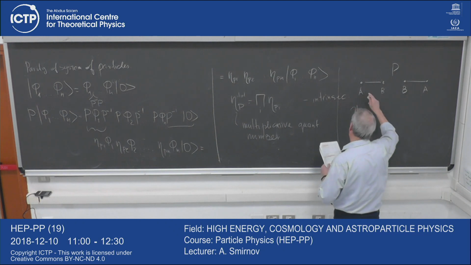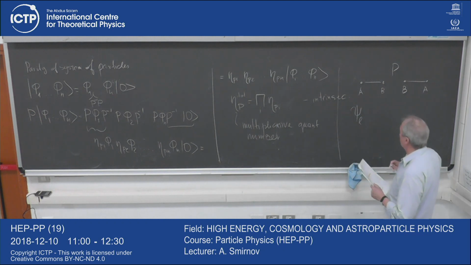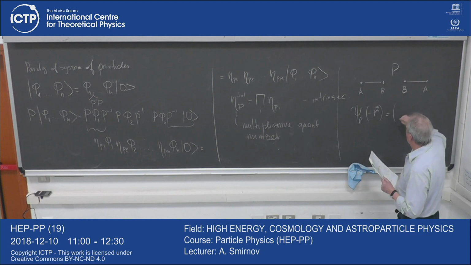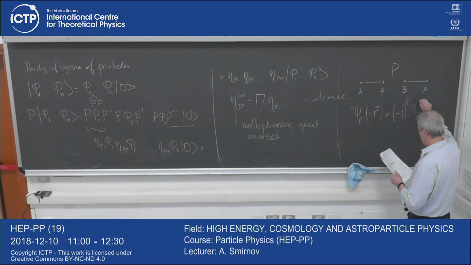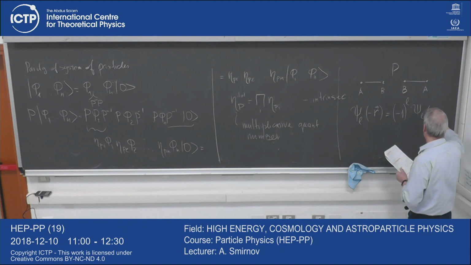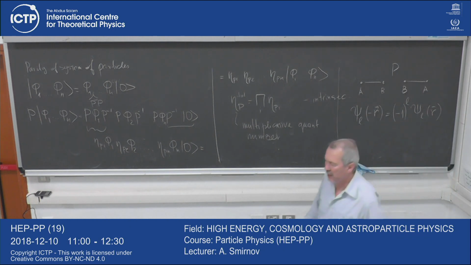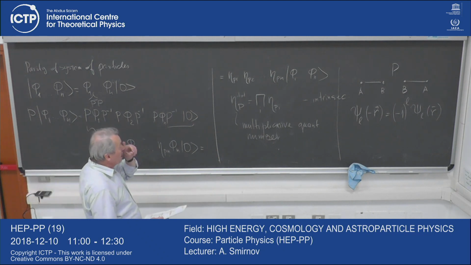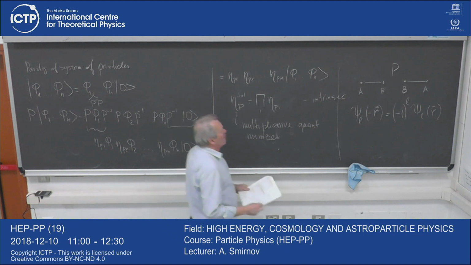Suppose they are in orbital motion, which is described by orbital angular momentum L. Then that actually produces an additional minus sign to the power L, and this will be psi L. Remember quantum mechanics: if you have a system of two particles and you change coordinates, the wave function acquires a factor given by -1 to the power L, where L is the orbital momentum.